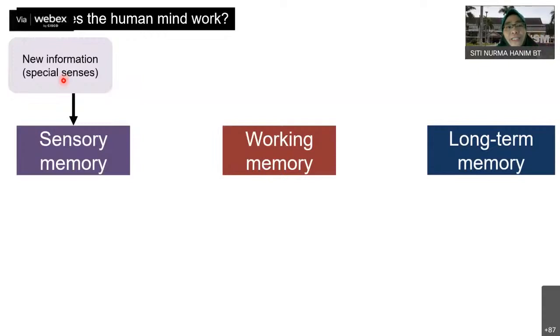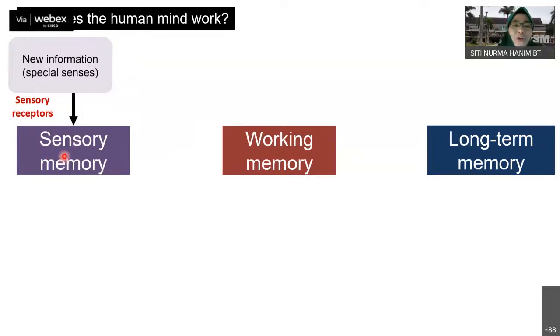And this information is picked up by special sensors, the eyes, the ears, the tongue, the nose. So the new information is picked up by these sensory receptors, and then from the sensory receptors, it goes to the sensory memory in the brain.